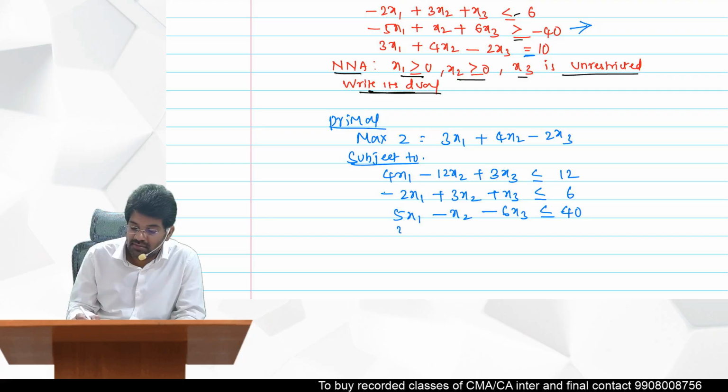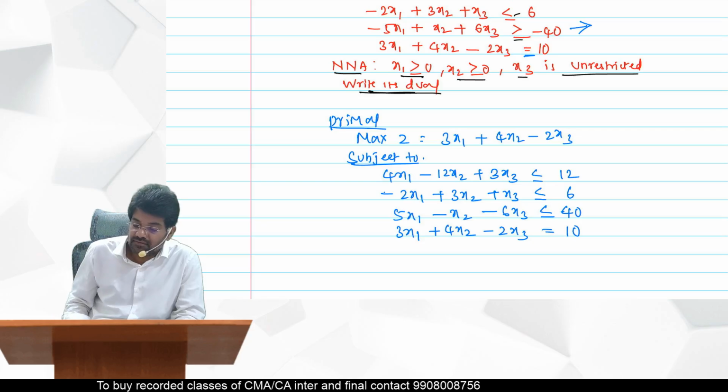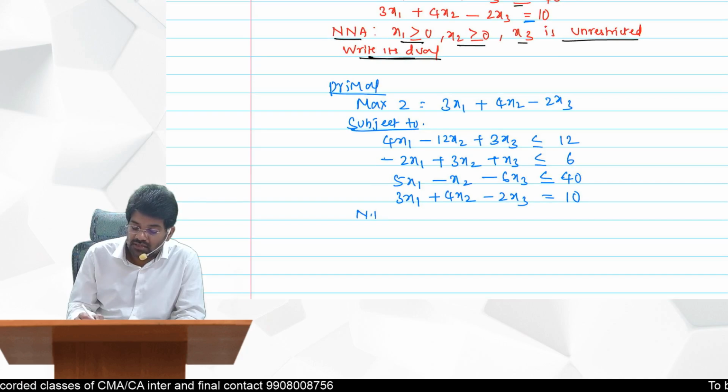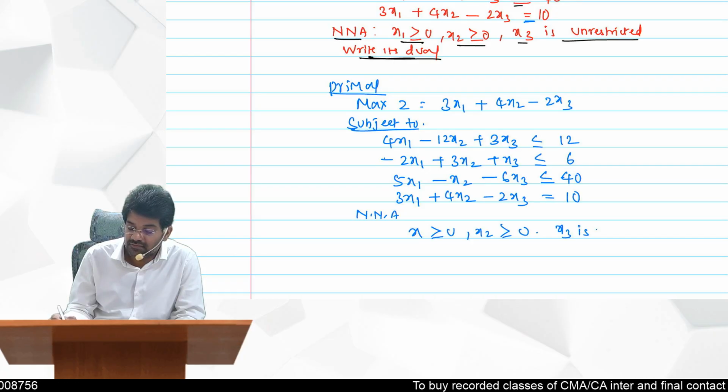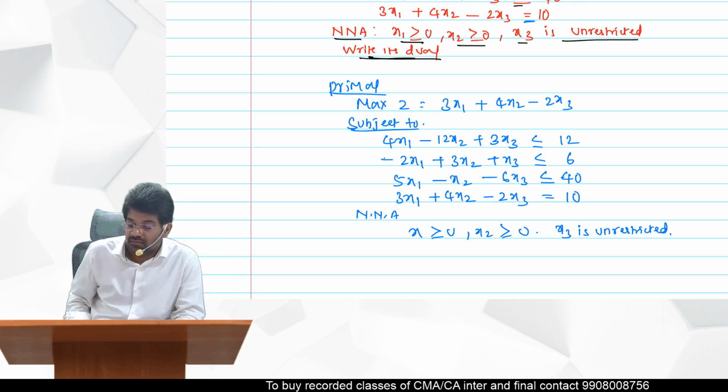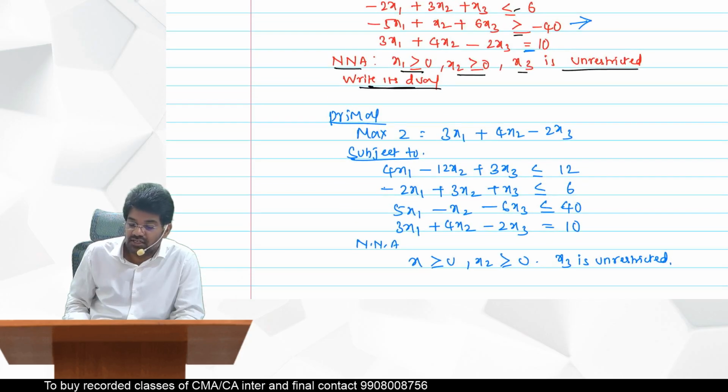This one will remain the same: 3x1 plus 4x2 minus 2x3 is equal to 10. So the non-negativity assumption is x1 greater than or equal to 0, x2 greater than or equal to 0, and x3 is unrestricted. It can be greater than or less than, there is no restriction for x3.